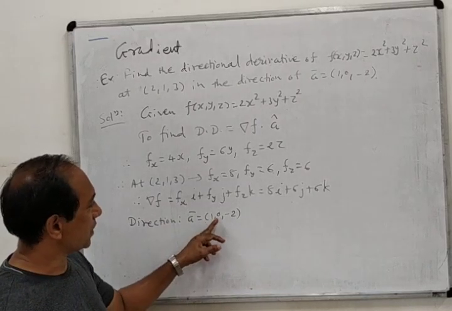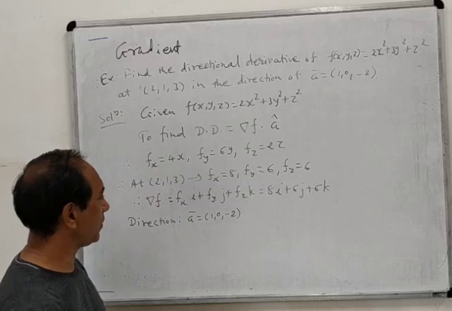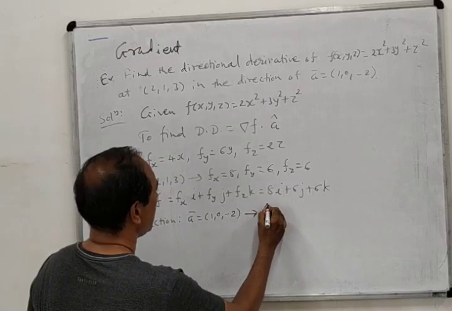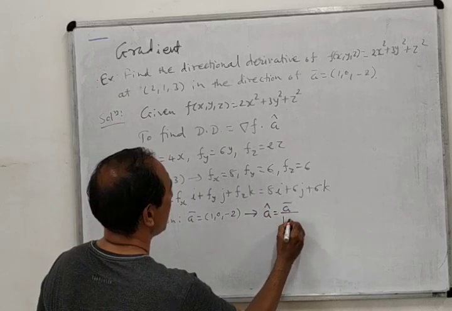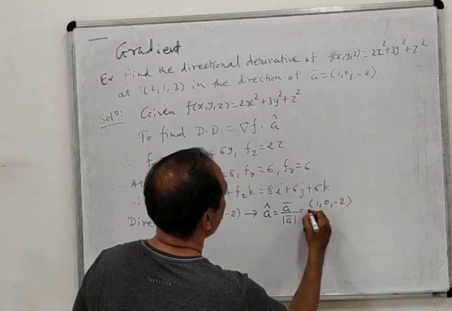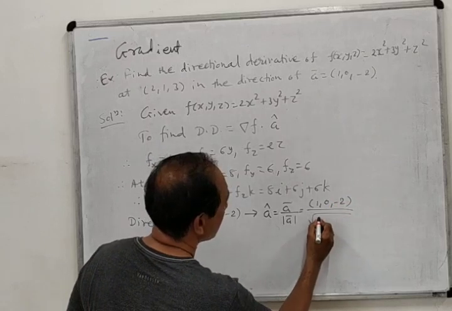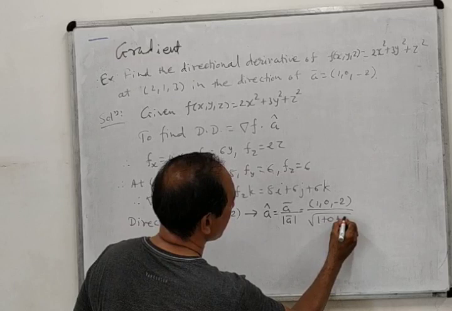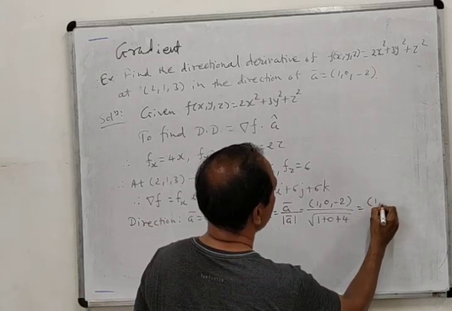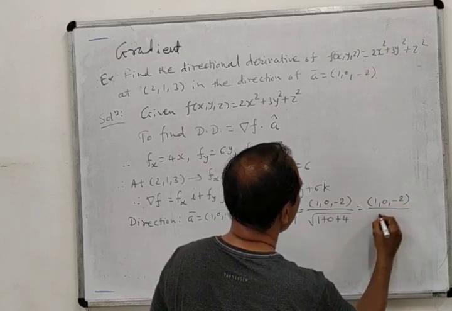That means i plus 0j minus 2k. Here a cap is nothing but a bar upon its magnitude. So a bar is (1, 0, minus 2), and its magnitude is what? 1 square plus 0 square plus minus 2 square. So this is nothing but (1, 0, minus 2) divided by root 5.